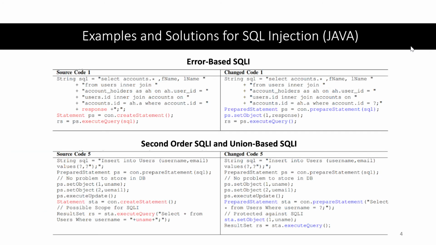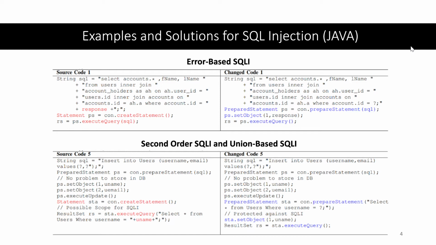Here we can see that there are a lot of problems that can cause SQL injection, such as error-based SQLI. The attacker can get information from the error message, and they can use that information.